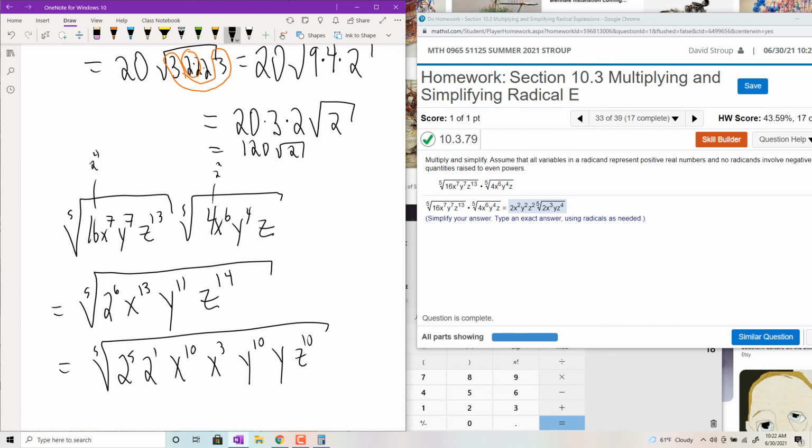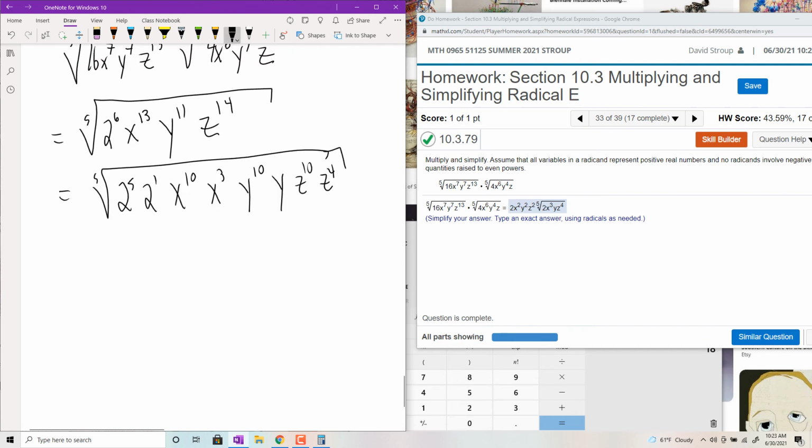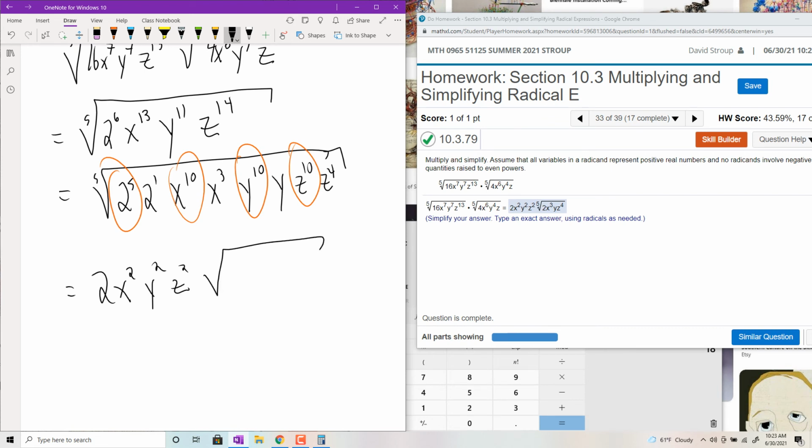Z to the 10th times z to the 4th. Okay. And then we're marching out the perfect fifths. So this guy, this guy, this guy, this guy. Okay, so we'll get 2x squared, y squared, z squared times the 5th root of 2x cubed y z to the 4th.